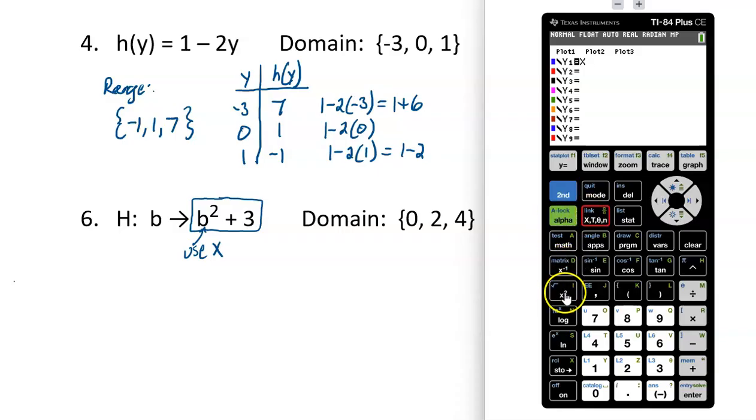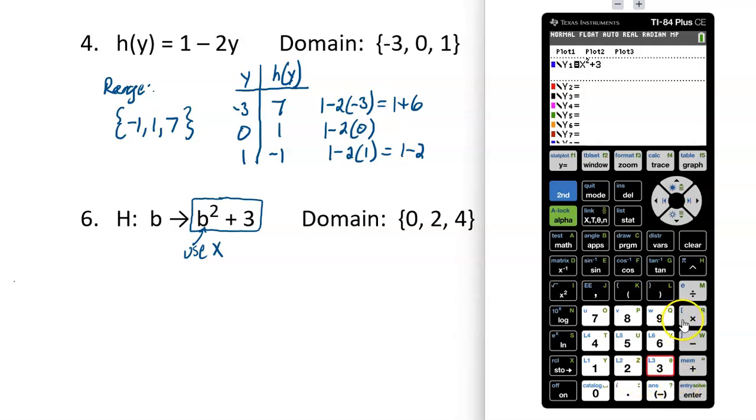The button says x squared. When I push that button, it puts the little 2 in the upper right corner. Now I'm going to type plus 3. So on the calculator, it says y1 equals x squared plus 3. That corresponds to problem 6, which is function h can be found by doing b squared plus 3.